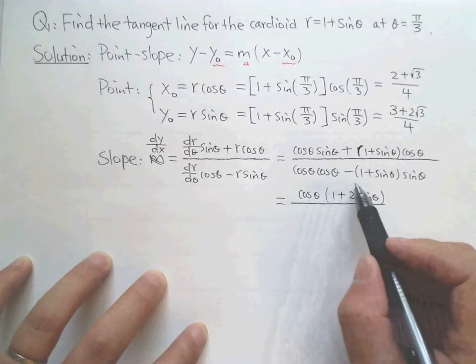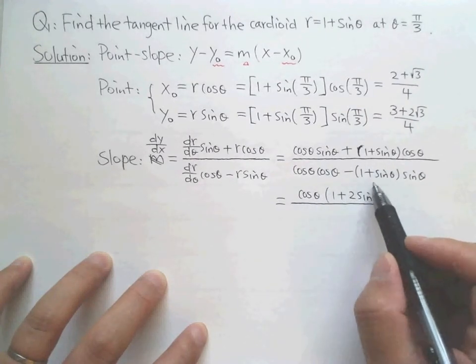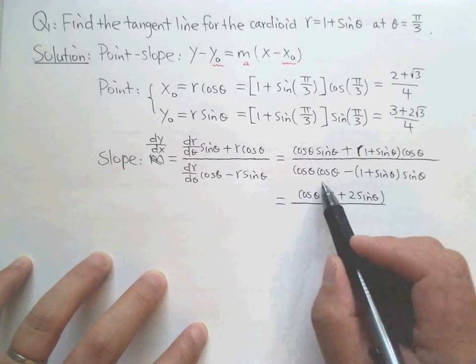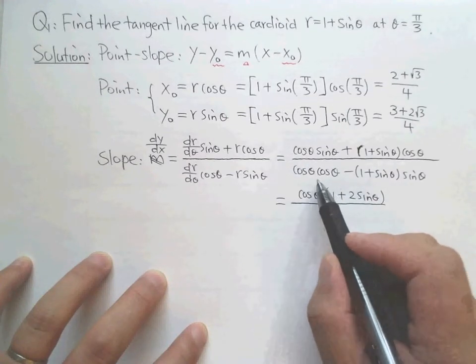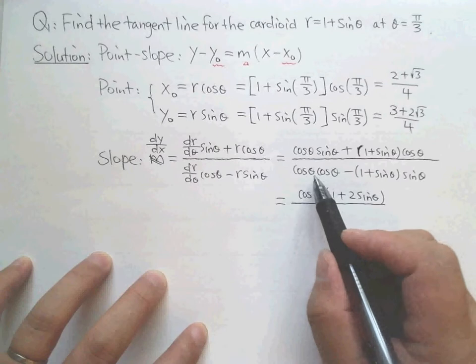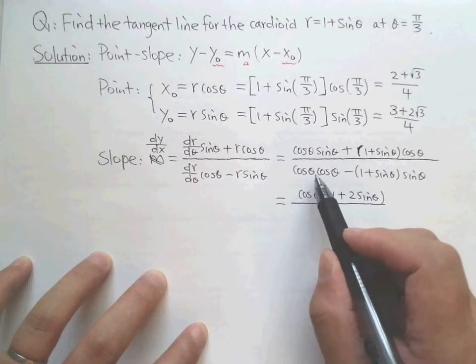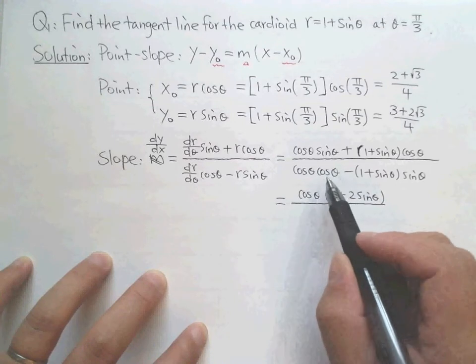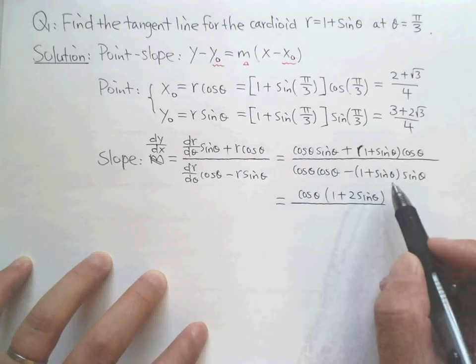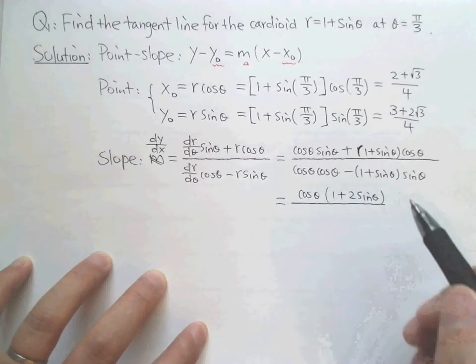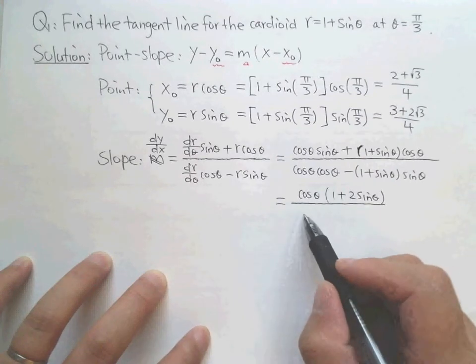And at the bottom, I think you have to use the Pythagorean identity. This is cosine square. Cosine square is what? It is 1 minus sine square. Okay, 1 minus sine square, and then do a kind of calculation. Okay, what do I get?